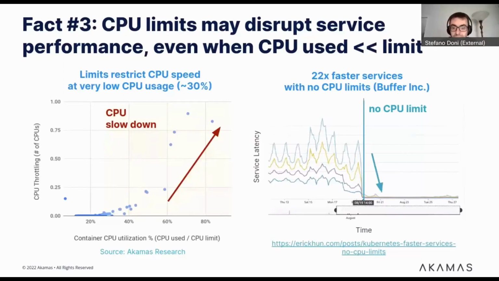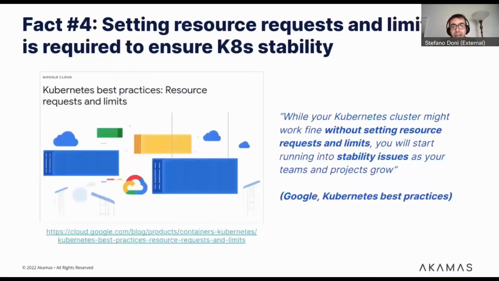So the main question that arises in our mind is: should we get rid of CPU limits? Why don't we simply use CPU requests, which are important to let the Kubernetes scheduler understand the amount of resources that we need, and not use CPU limits at all? Actually, that's not a best practice, and here you can see that Google recommends always setting both requests and limits, because limits, if you remember, are the key point of Kubernetes ensuring on one side efficiency, but also performance isolation among applications.